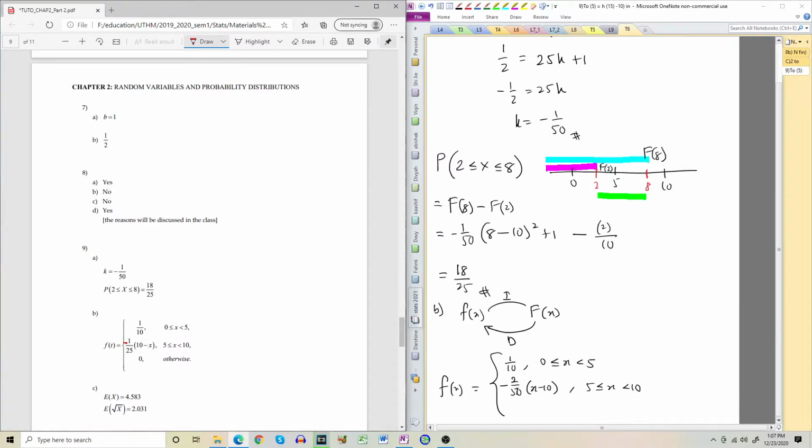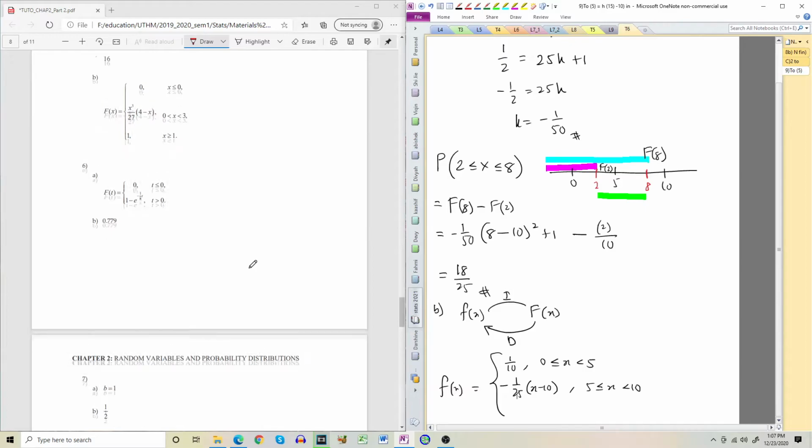Okay, this one, take note that there should be a negative. This one we can write 1 over 25, no problem. 10 minus x, is it?